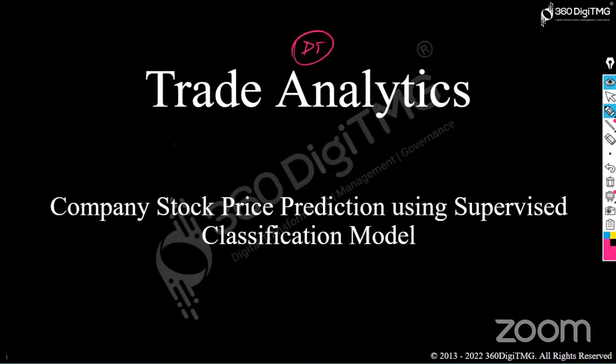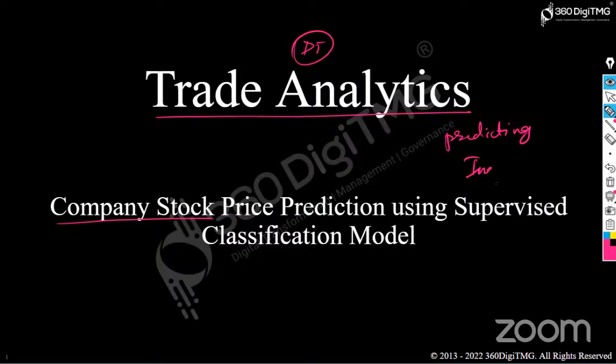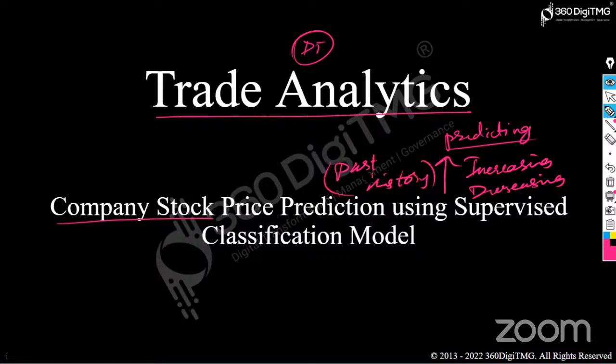Here also, in trade analytics, for the company stock, we are just predicting whether it is increasing or decreasing in the next few days based on the past history. Everything will be past history.